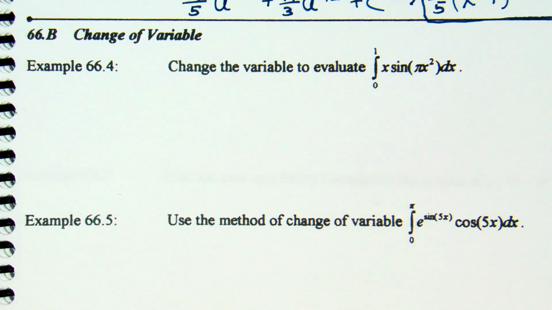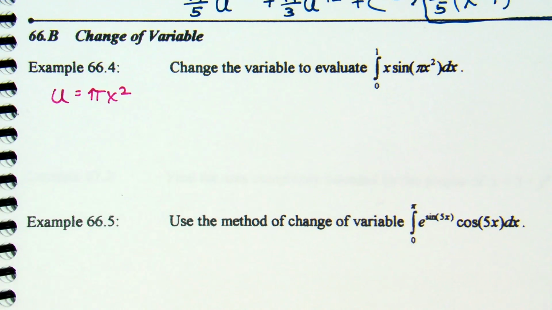Sine is the whole item, so then we're going to be integrating sine of u. And so u is pi x squared. Go ahead and take the derivative. Derivative of u is du. Derivative of pi x squared.